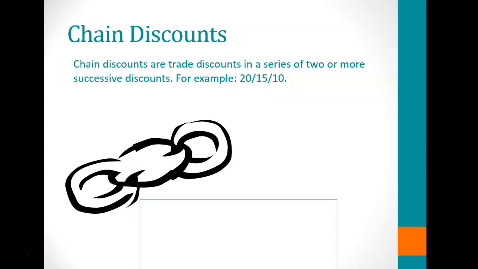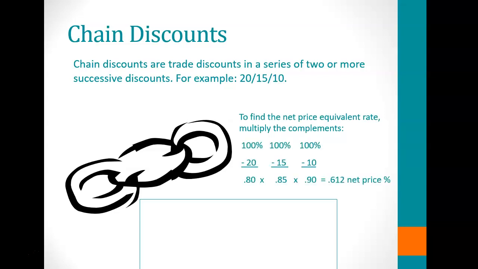A mistake made by students often is they'll add those all together and say that, okay, well, that's 20, 15, and 10. The total discount is 45%. And that's wrong. That's not how you handle an actual chain discount. When you have a chain discount, you're going to take the complement of each of those after the discount.